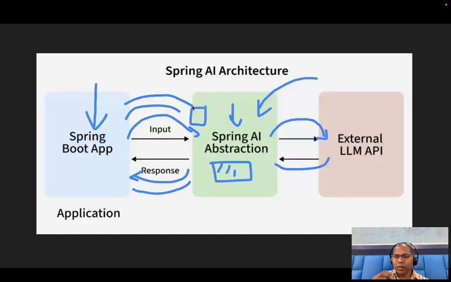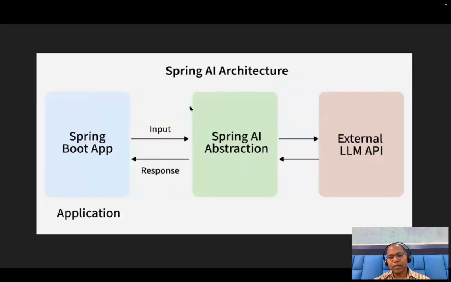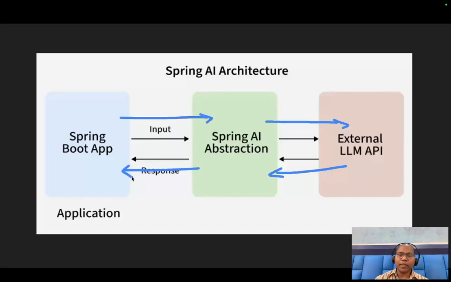Let's take a very common example. The first time I say, hey, my name is John. The question is passed here, and the model responds, welcome John, nice to meet you, how can I help you? That's a great response. Again I ask, hey, what is my name?